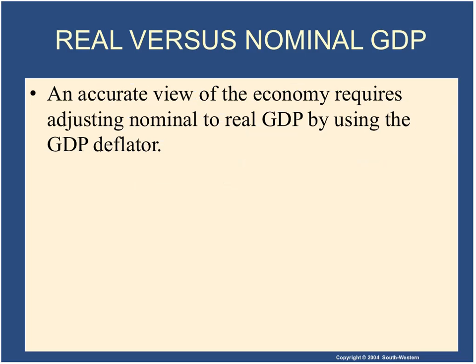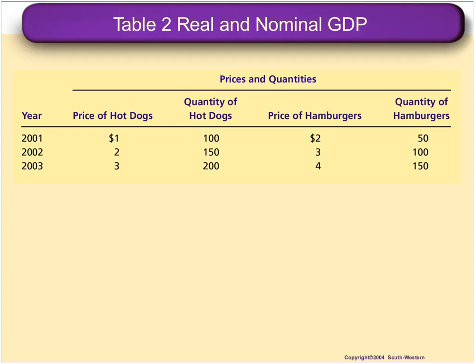So an accurate view of the economy requires adjusting nominal to real GDP by using the GDP deflator. To come up with a better, more accurate approach toward the economy, we need to adjust our nominal GDP to real GDP, because the real one is more reliable and constant.